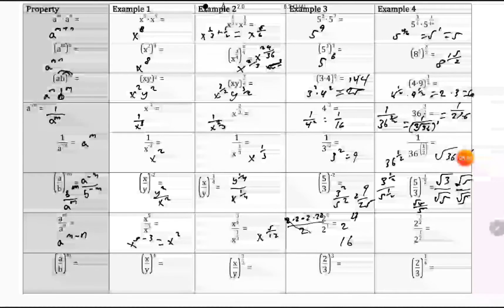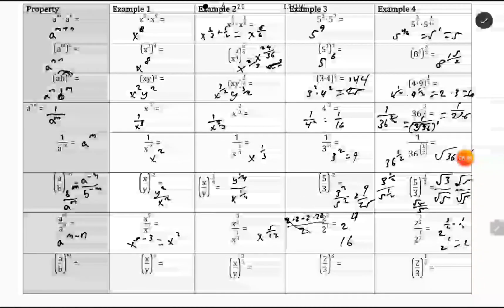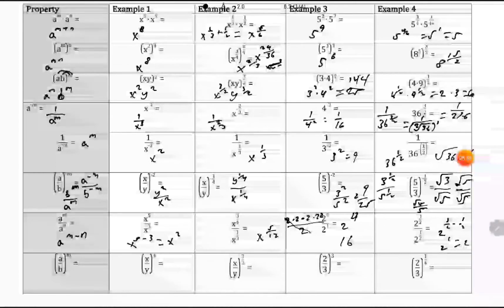This one is 2 to the 3/2 divided by 2 to the 1/2. So that is 2 to the 3/2 minus 1/2, which is 2 to the 1, which is 2. And then the last property we have, no, we have more.